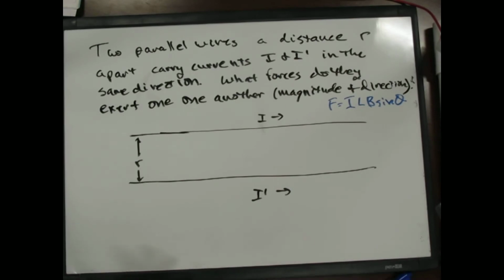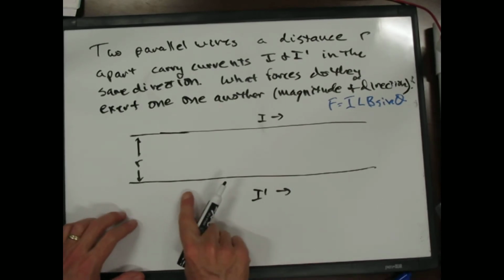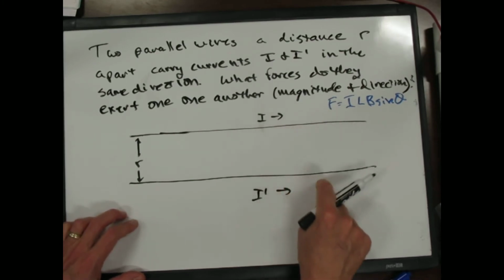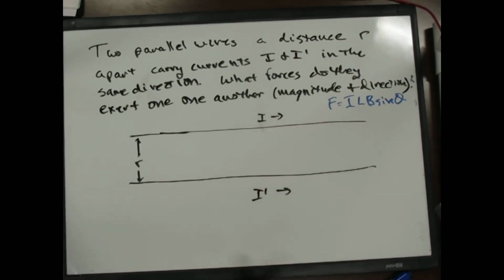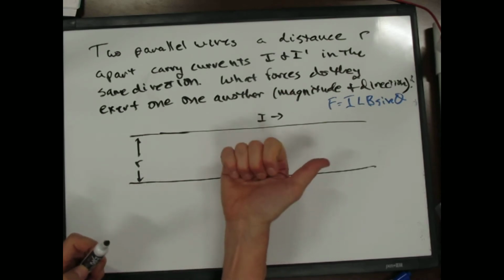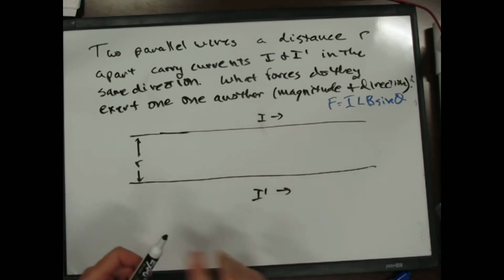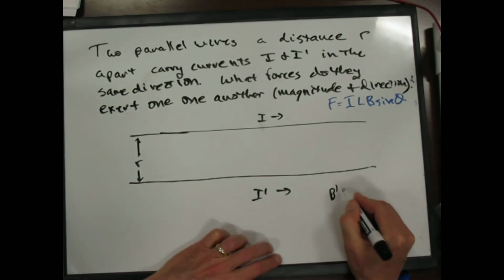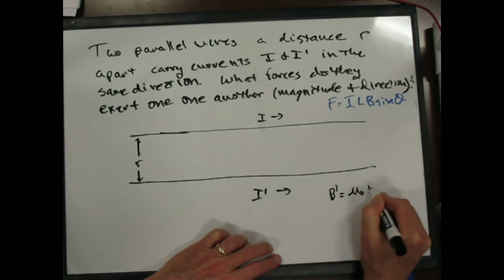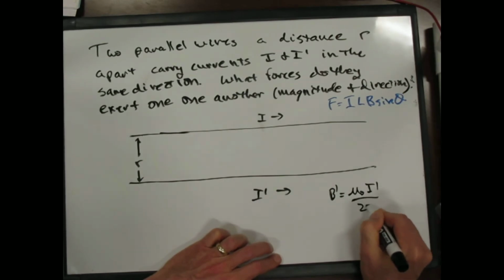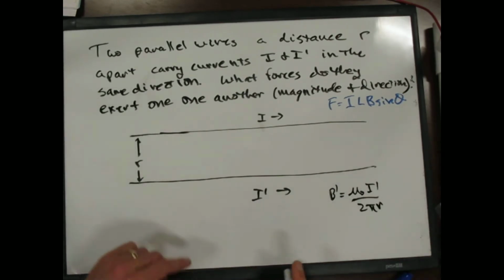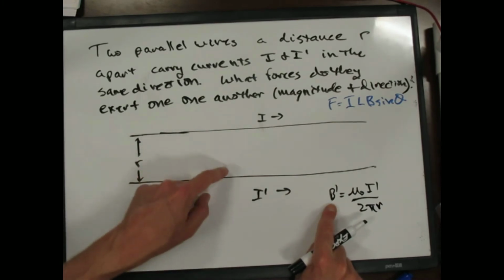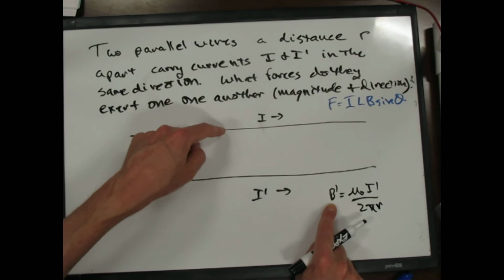Well, from the last section, we saw that there in fact is a magnetic field near this wire due to this wire. A wire carrying current I produces a magnetic field around it like this. And so I could say the magnetic field due to this wire is B prime equals mu naught I prime over 2 pi r. That's the magnetic field due to this wire a distance r away, so where this wire is.